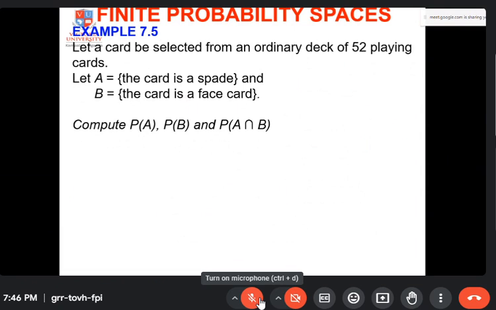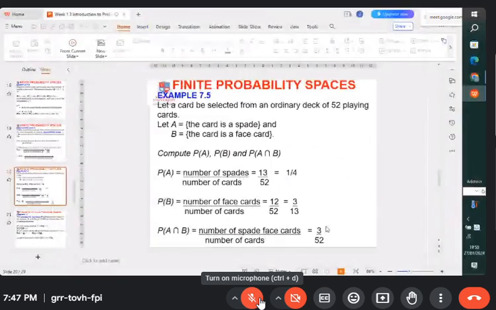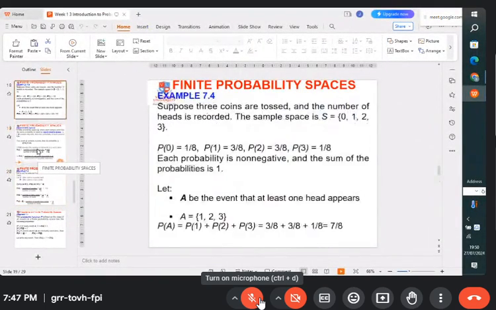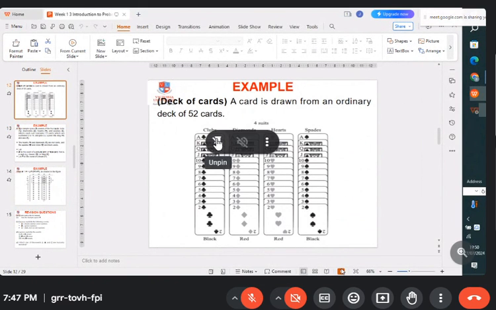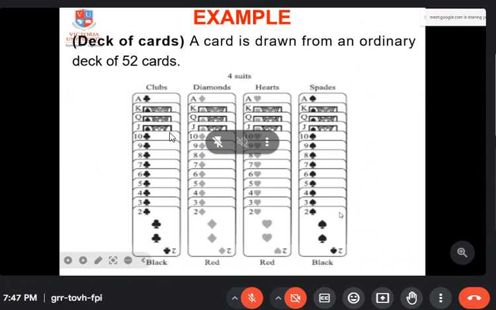If you remember, I think I have been showing. Let me go back and show it again. 1, 2, 3.